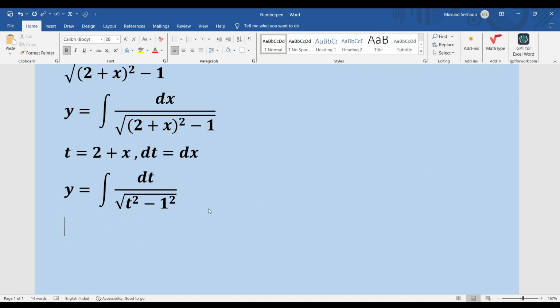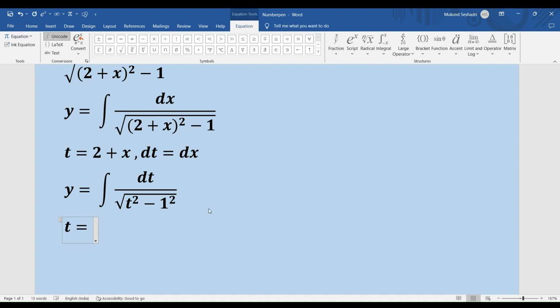Now it's not too difficult for us to solve that. We will solve this using the method of trigonometric substitution. So all that we will have to figure out is what is that substitution I need to use. Whenever you get a problem of this type, the integral of dx by square root of x square minus a square, I want you to connect it with secant square theta minus tan square theta equal to 1, right?